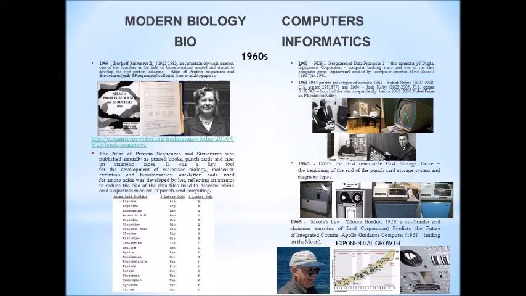You can see on this slide the information about this discovery, about this data. It was actually the first data of protein sequences. This database was not very rich in those times, but it was growing each year.